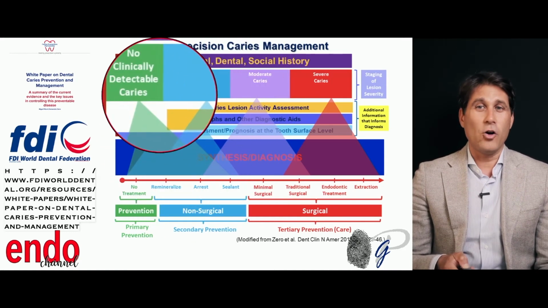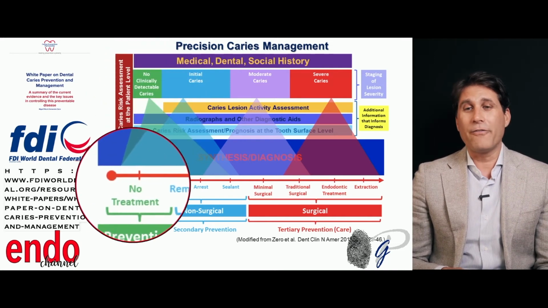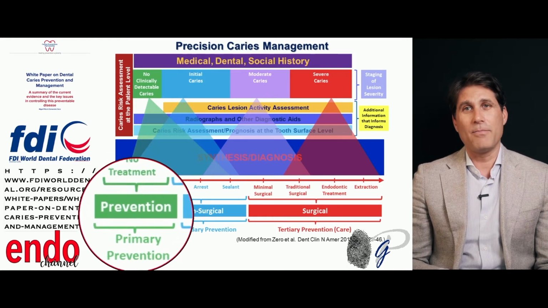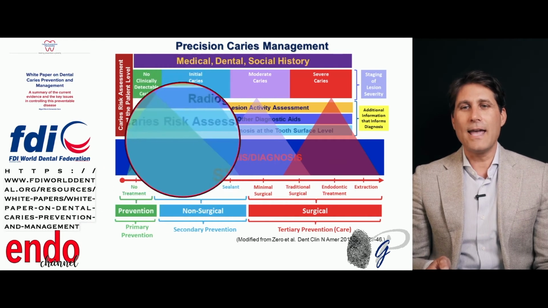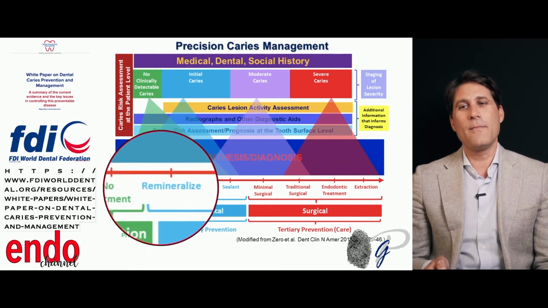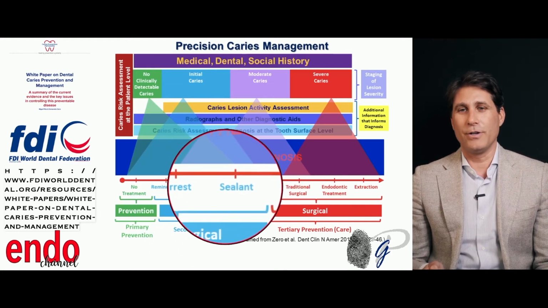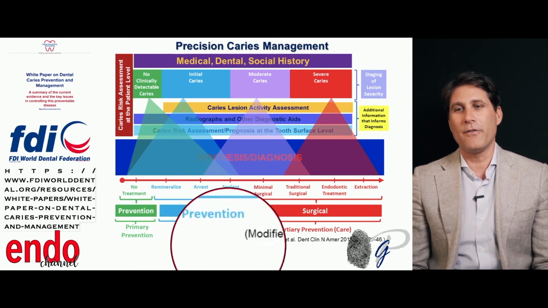Because with no clinically detectable caries, we do not perform any treatment and we have only to perform primary prevention. Then we can have an initial carious lesion in these stages that we can treat with remineralization, we can arrest, or we can use sealants for this. So the so-called non-surgical secondary prevention.